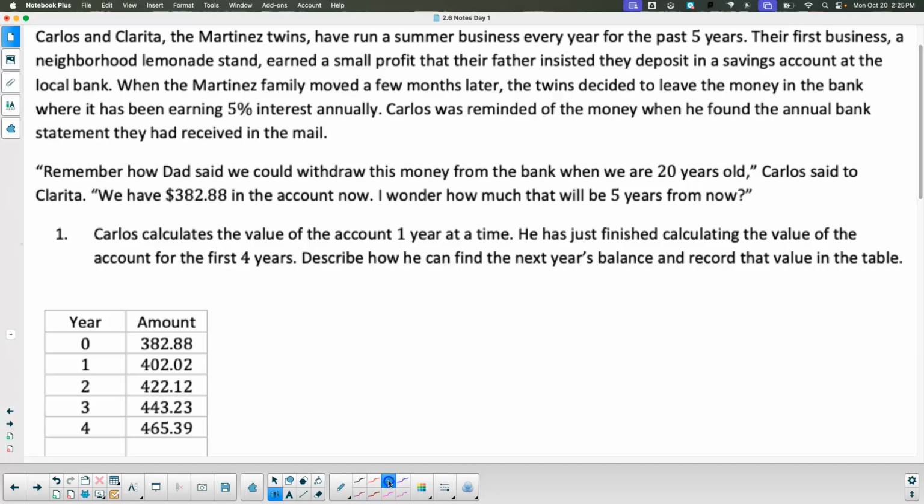And we're multiplying by that R value, correct? Okay, what is the R value for this problem? 1.05. Okay? So R value is 1.05, which means on your calculator, remember I said it was a calculator day, on your calculator, everybody type in 382.88 times 1.05.